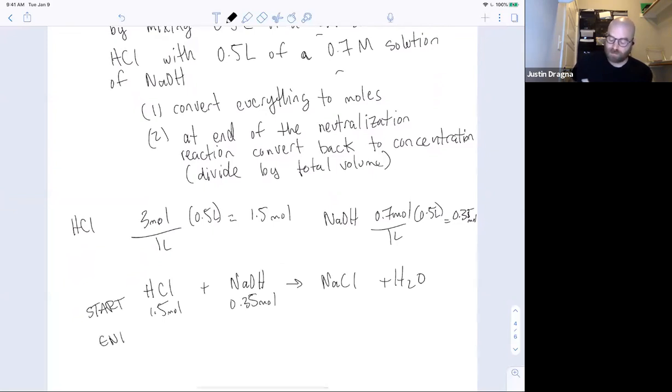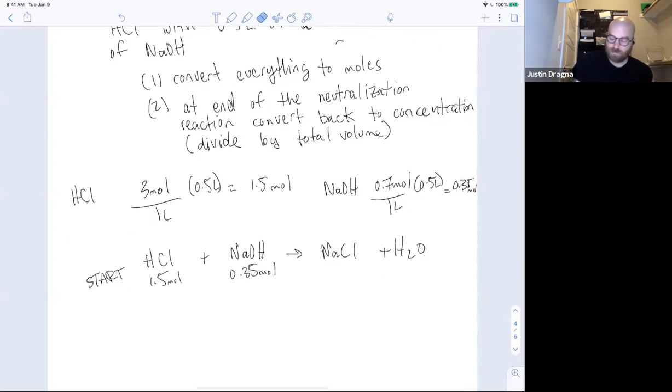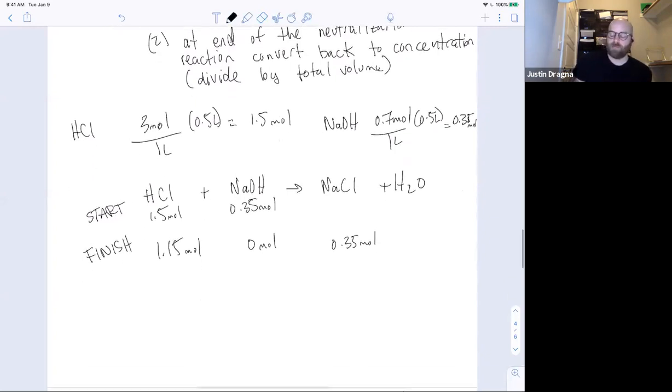And at the end, call it the finish, we end up with 0 moles of this and 1.5 minus 0.35, that's 1.15 moles of this, and you would form 0.35 moles of that. Then I would put it back into concentration, because ultimately pH is the negative log. Yeah, you convert to molarity with the total volume.